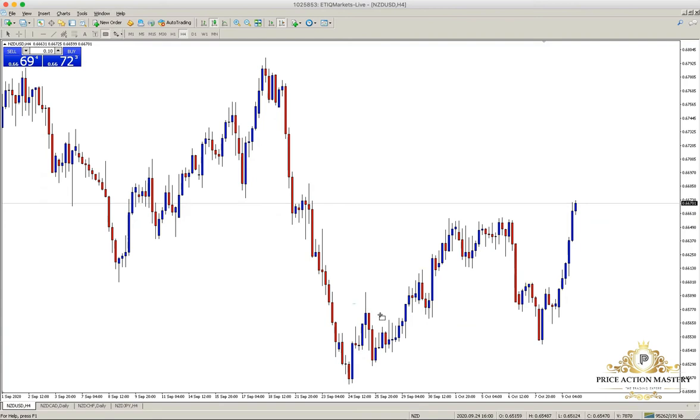This is the high, then this is the higher low, higher high, and then higher low, and then this is the higher high. This is the area. Basically the market now is still in an uptrend.